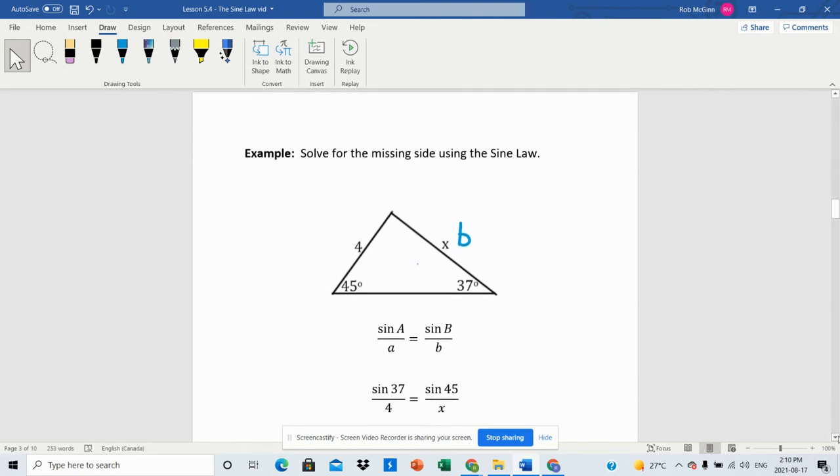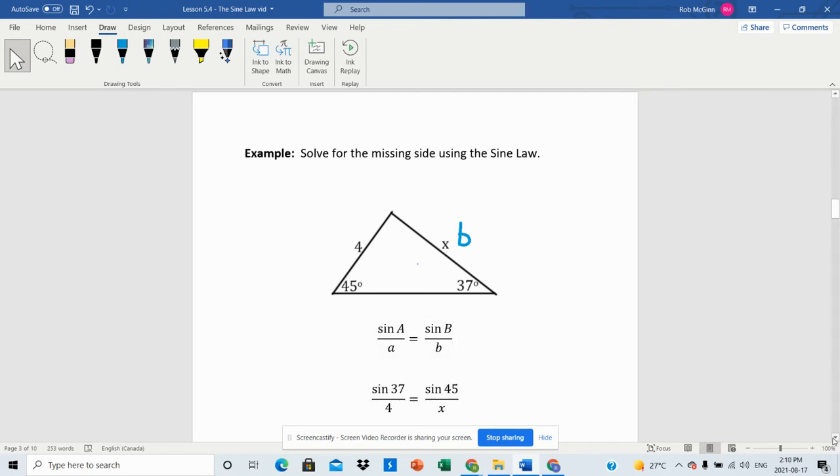So sine A is 37 degrees. The side length directly opposite that is 4. So that's where we get sine 37 over 4. We're going to set that equal to sine of 45 over the corresponding side length, which is b, or x in this case.